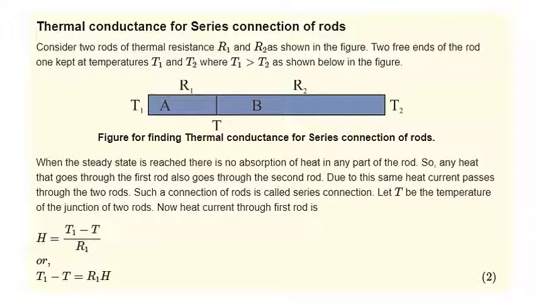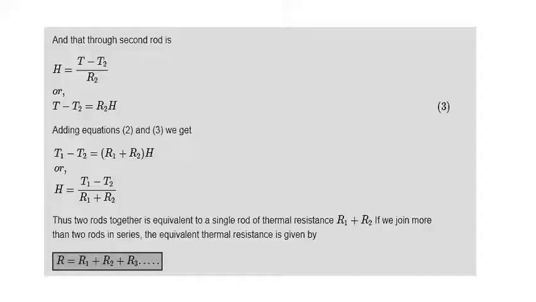Let T be the temperature of the junction of the two rods. Now the heat current through the first rod is T1 minus T divided by R1, and through the second rod it will be T minus T2 divided by R2. By solving these two equations, you can find that H will be T1 minus T2 upon R1 plus R2.